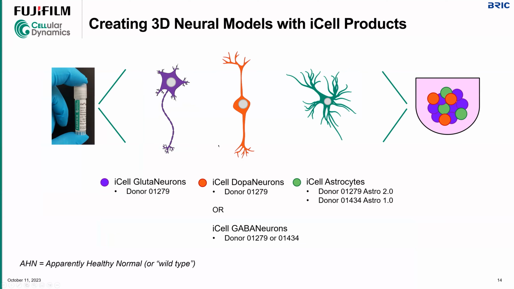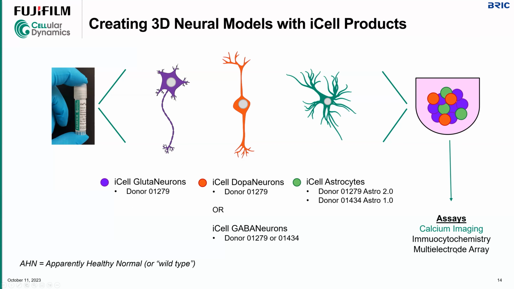So you will see from the next slide, I think, that again, we have a number of different cell types that allow you to focus on specific disease models. And by doing so, you can compare, again, the healthy versus wild type cells very easily. And it's just pretty much as easy as mixing different ratios of glutaneurons, dopaneurons, astrocytes, GABA neurons, again, whichever the direction is that you go into. And you have options for, again, substituting specific cell types from wild type cells, healthy cells, to the disease models.